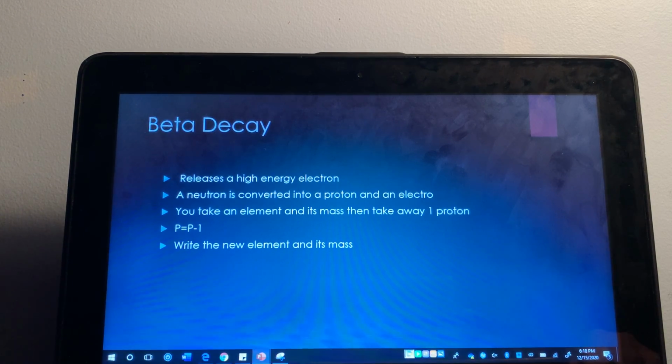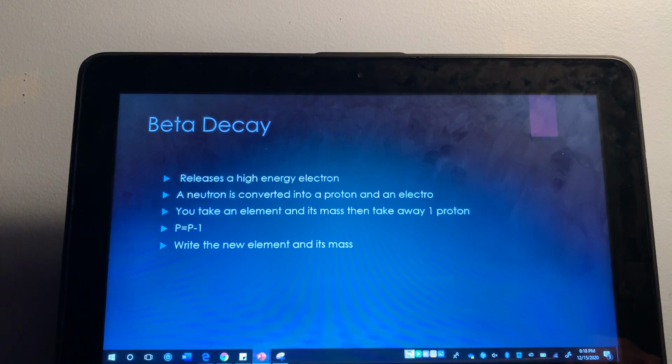That says the new proton number equals the old one plus 1. It gets confusing, but it'll all balance out when I show the practice problem.